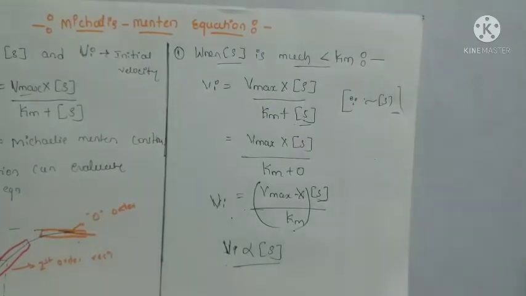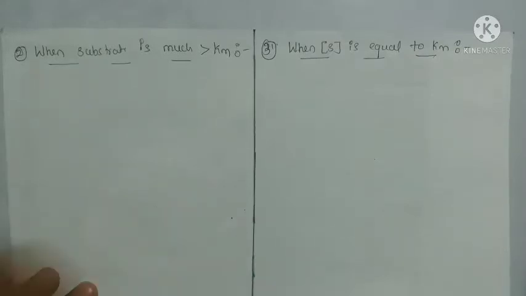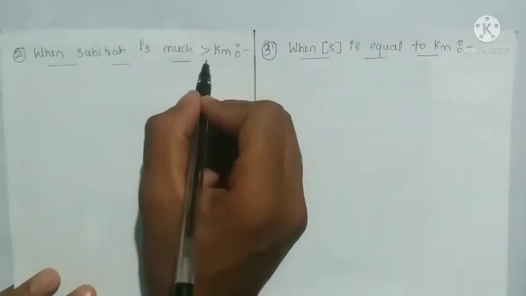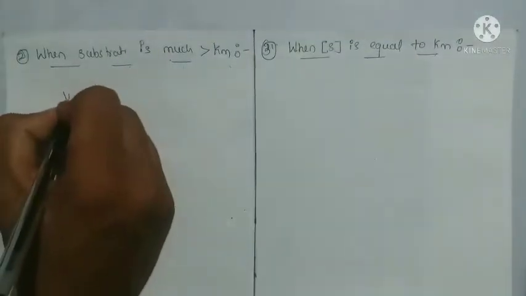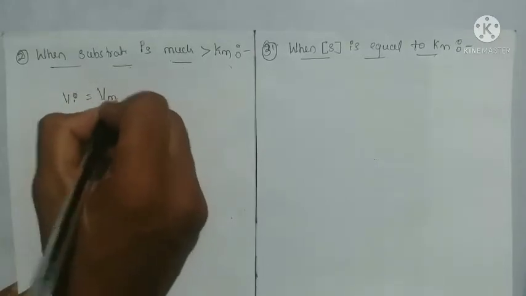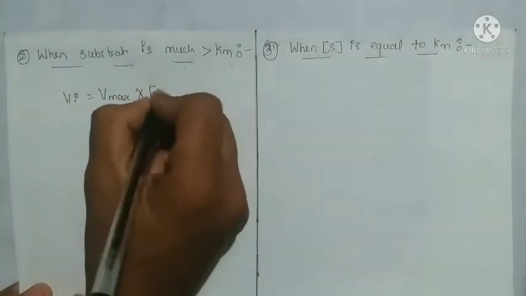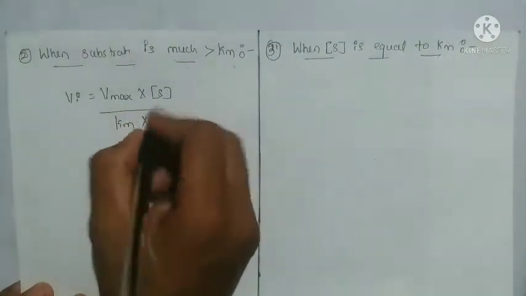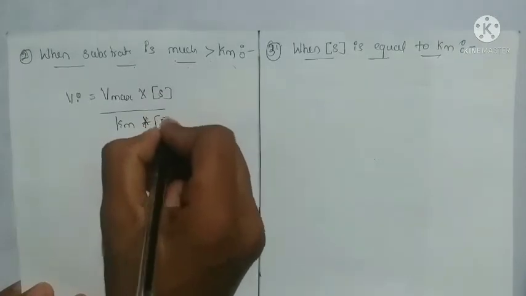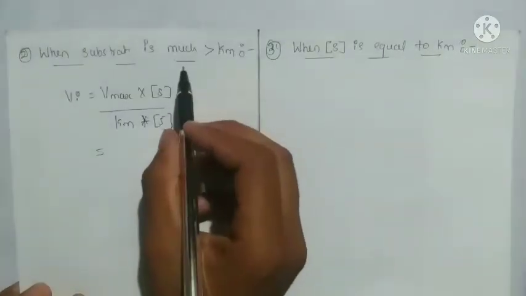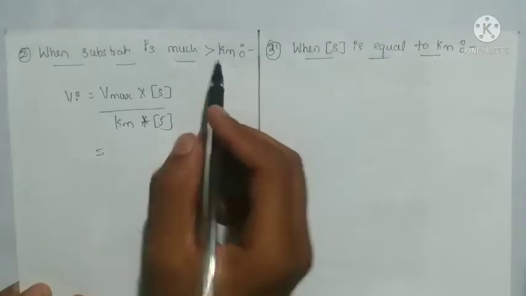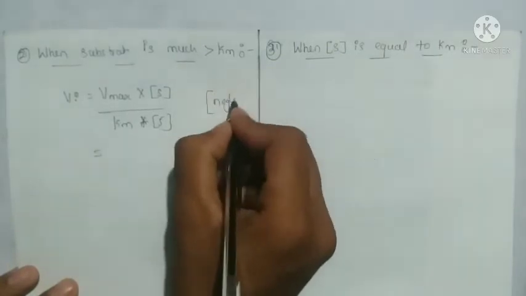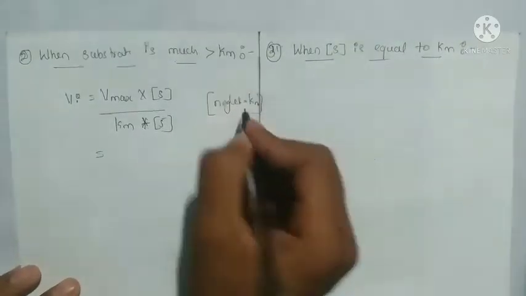The second condition is when the substrate is much greater than the Km. First write the equation: V max times the concentration of substrate, divided by Km plus the concentration of substrate. Here, since the substrate is greater than Km, we neglect the Km, that means Km is 0.